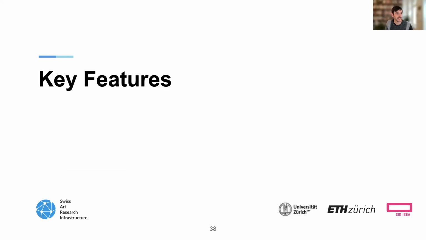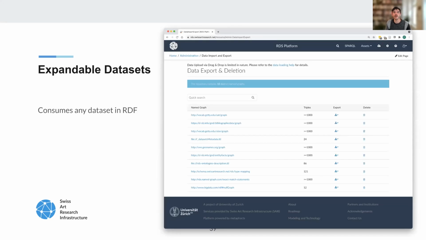So again, some of the key features. Both RDS global and RDS local, you can add any data set you want. So you can consume any data set in RDF, and with very little configuration, you can then use it to look up more data, or you can ask us to publish your data set on RDS global and make it available to everyone.